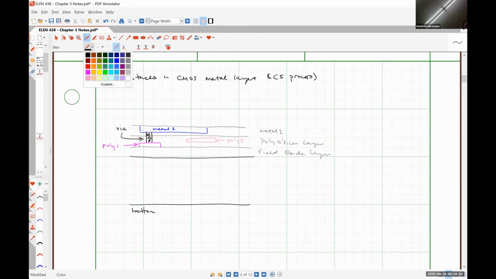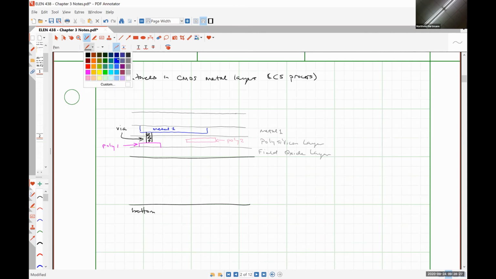Now, the physical dimensions of the metal 1 layer are smaller than those of the metal 2 layer. So metal 1 is actually the thinnest layer of metal, and so it has the largest sheet resistance.